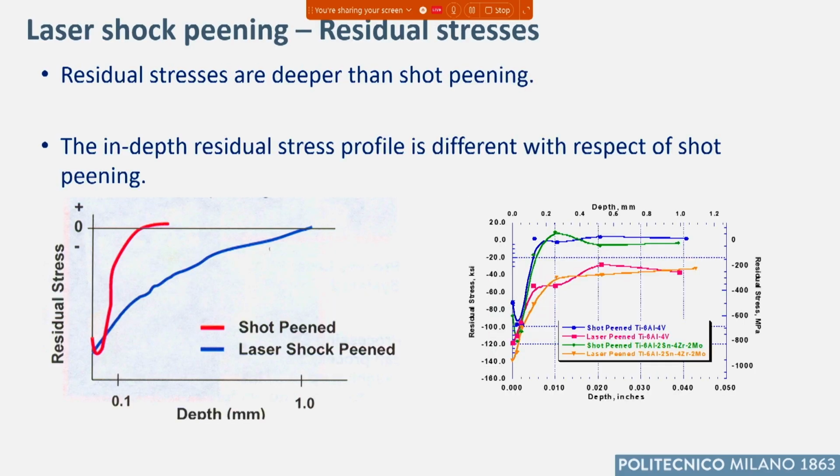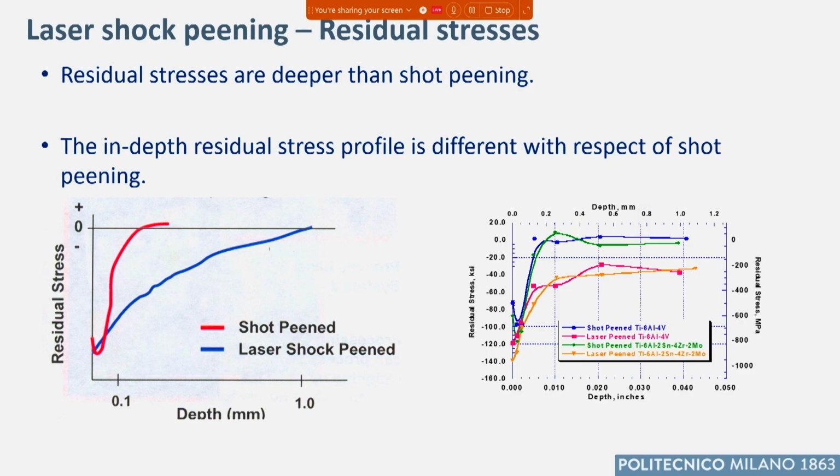And this is some result in terms of residual stresses. The one on the left is a qualitative graph, just to give an idea of the different residual stresses that we can obtain by means of laser shot peening. The first thing that we can see is the different depth of compressive residual stresses.